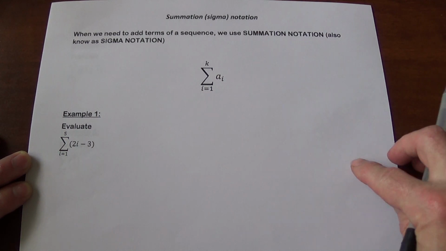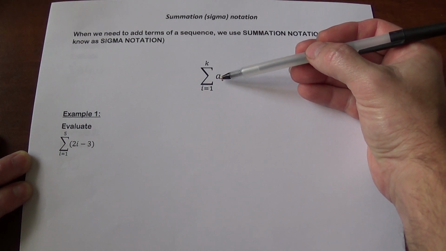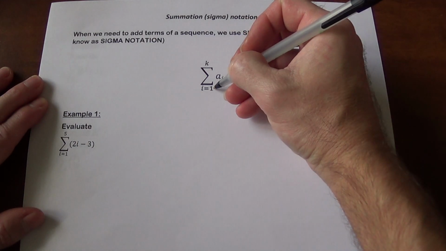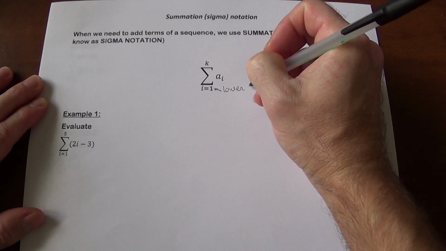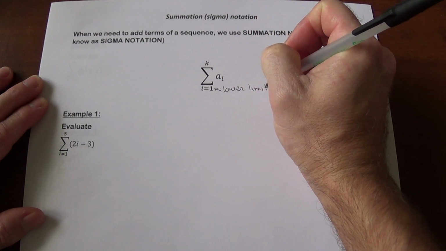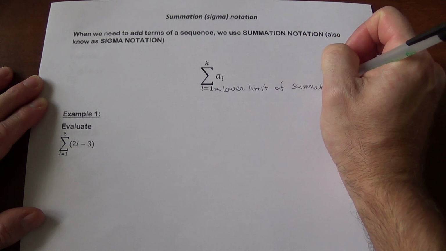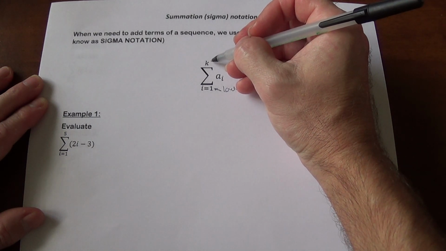So let's identify the parts. This is the sequence that we're going to be working with. That's going to change. We have this number on the bottom. This is what we call our lower limit of summation. Then we're going to have a number here when we're actually going to see a problem.